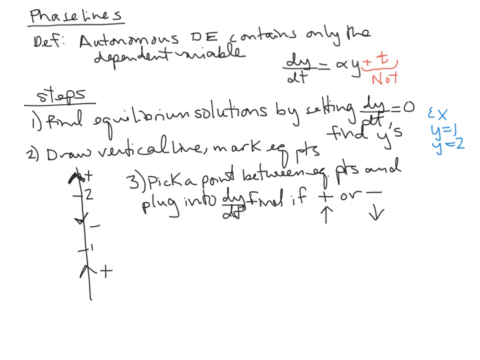Now, what this does is we could extend this entire picture. After I get this phase line, I could say, all right, here is y equals 0. That's usually the t-axis. And then we could make that the y-axis. And then in between here, all functions are going to increase up until 1.